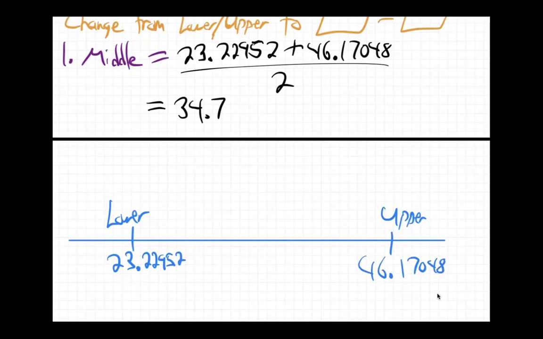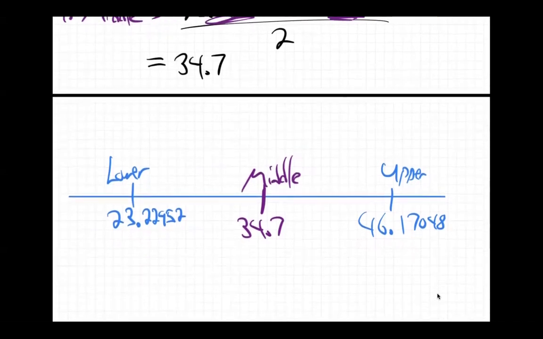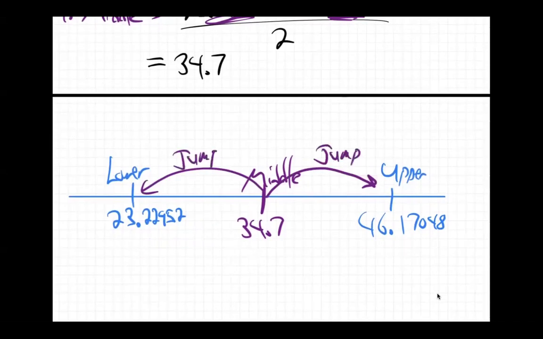We're saying that parents spend on average between $23 and $46 on their kiddos for their birthday. Well, we found the middle of those two numbers is 34.7. That's right in the middle of 23 and 46. Let me put it on the bottom and say middle. This is 34.7. We found that by adding the two numbers and dividing by 2. And then you've got to find out the jump. What's the jump this way and that way? That's called the jump: how far from the middle up to the top number and down to the bottom number.